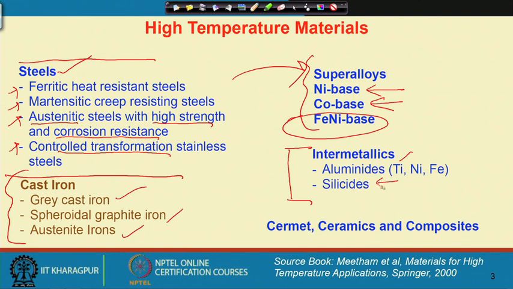Now, there are some speculative intermetallics, and to be more specific, these are silicides, meaning some metal with a silicon containing compound.